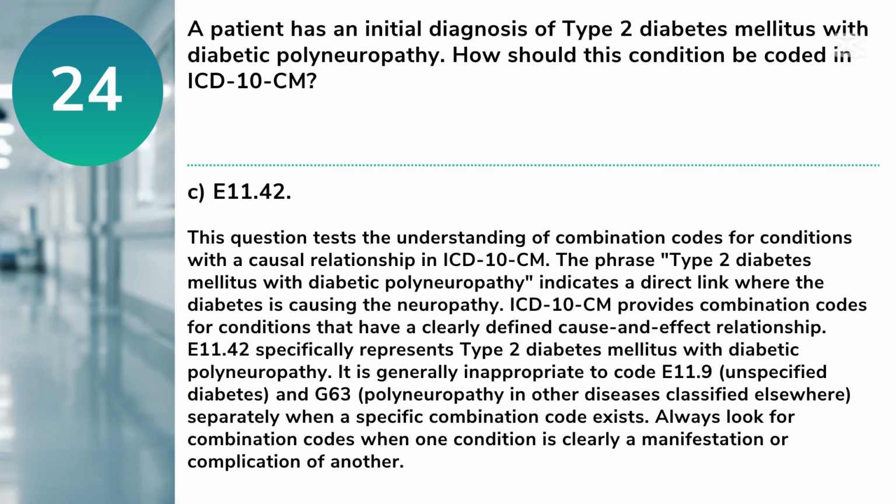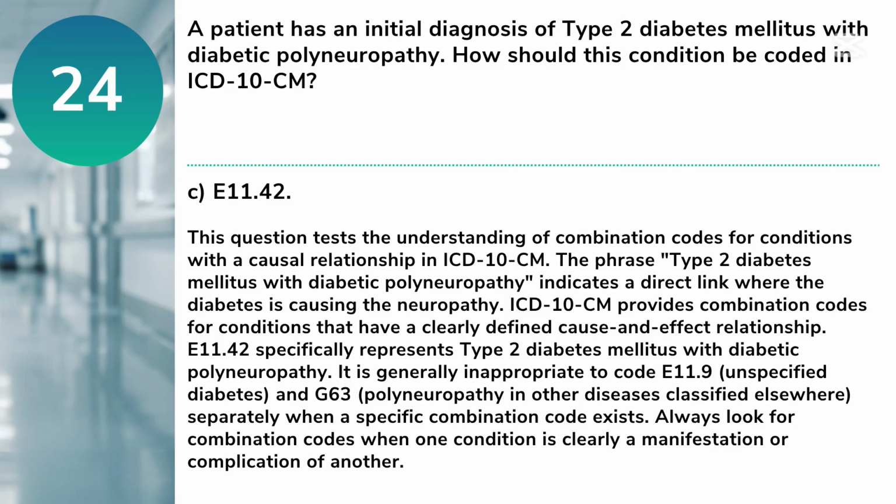Answer: C. E11.42. This question tests the understanding of combination codes for conditions with a causal relationship in ICD-10-CM. The phrase type 2 diabetes mellitus with diabetic polyneuropathy indicates a direct link where the diabetes is causing the neuropathy. ICD-10-CM provides combination codes for conditions that have a clearly defined cause and effect relationship.